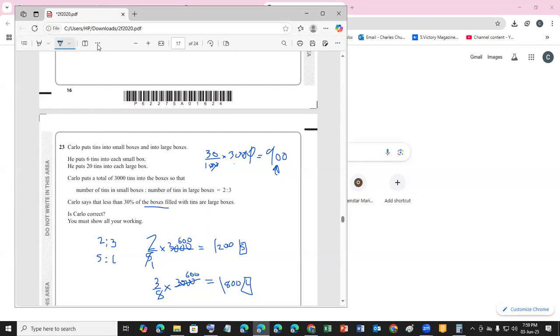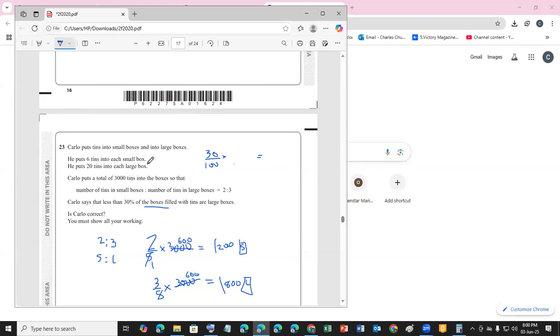I think I've made a mistake somewhere. It should not be 30% of 3,000. So let me fix the mistake. It should be 30% of something else. It should be 30% of the number of boxes. So let's establish the number of boxes.